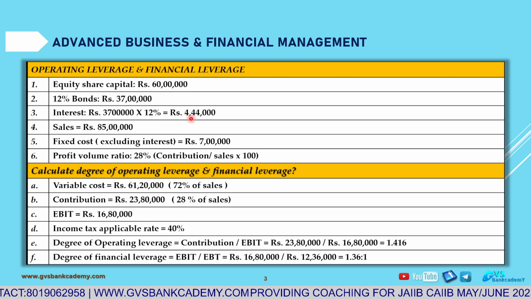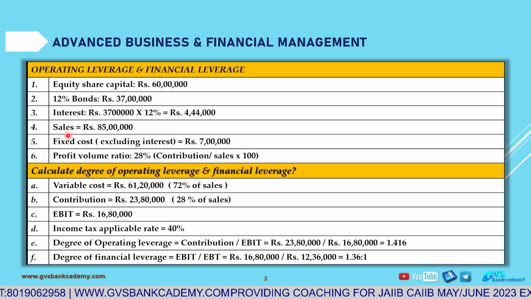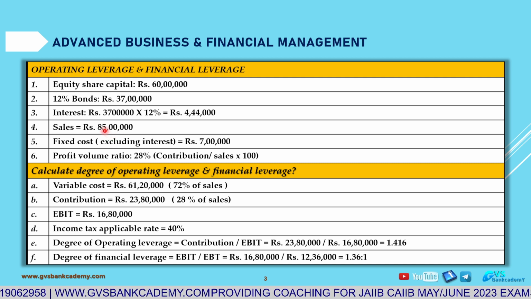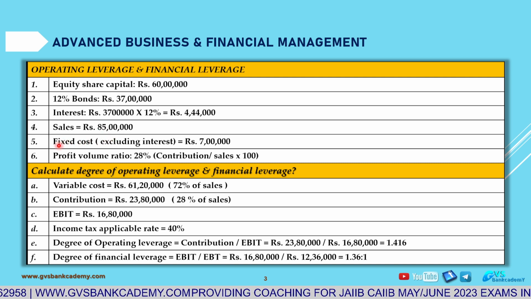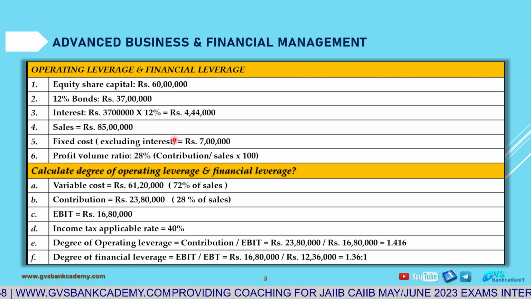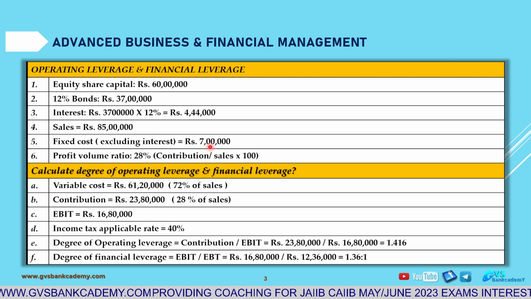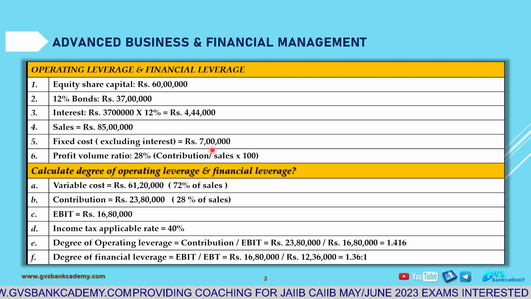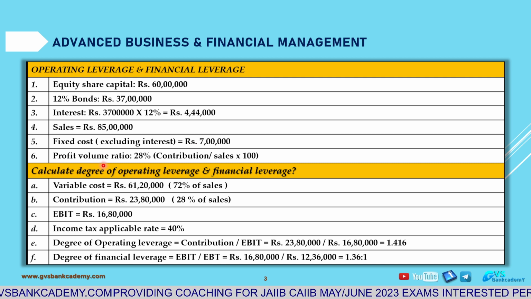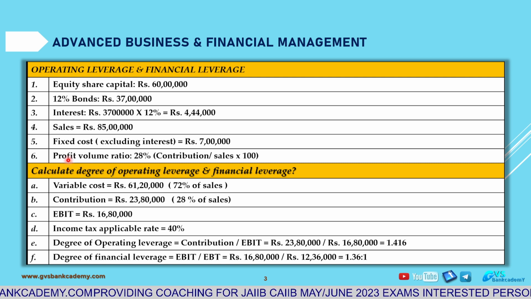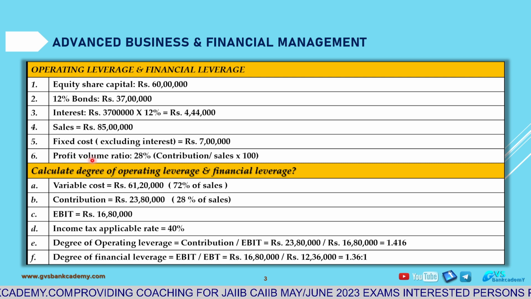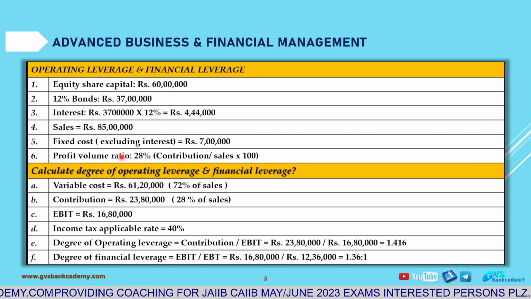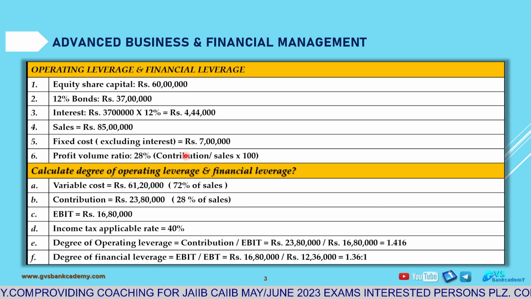Interest is 4 lakhs 44,000. Sales during the year are 85 lakhs. Fixed cost, excluding this interest, is 7 lakhs. They have given the profit volume ratio, PV ratio, of 28%. It means contribution by sales.